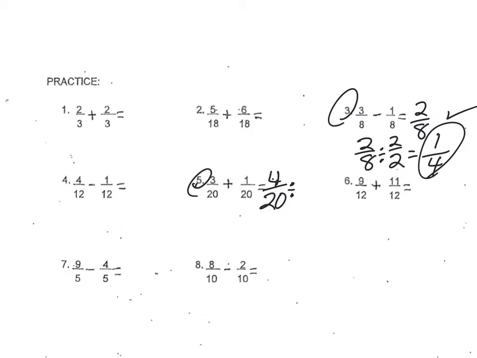Now, here's where you're going to have to be really, really careful and think, okay, if I know my facts and I think about it long enough and hard enough, what is the biggest number that could go into both 4 and 20? Well, I know 2 could go in because they're both even, just like on the last problem.